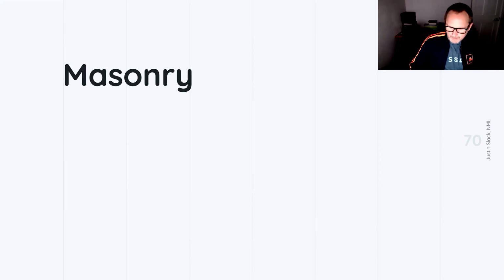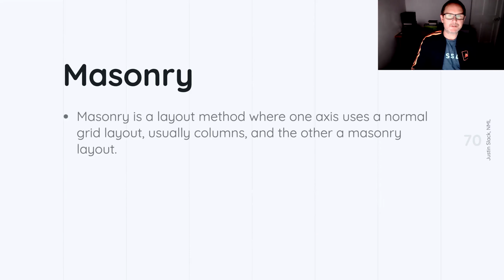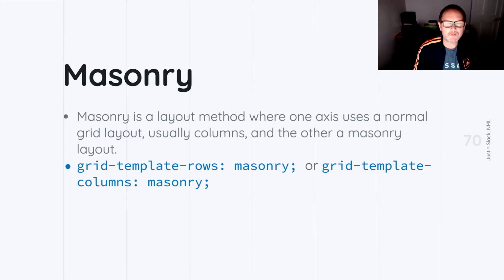But we now have a Masonry property as part of grid. It's a layout method where one axis uses a normal grid layout, usually columns, and the other uses a Masonry layout. So we create our columns, and then we set our rows or our columns to be Masonry, as in fill up space where you need to. And we do that via grid-template-rows: masonry or grid-template-columns: masonry.